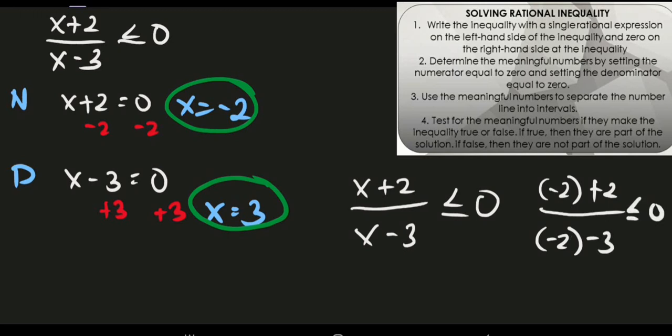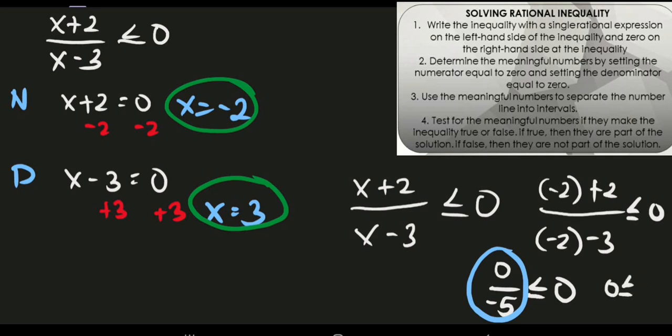Negative 2 plus 2 is equal to 0, so 0 over negative 2 minus 3, that is negative 5, and that is less than or equal to 0. According to the rule of fractions, if our numerator is equal to 0, automatically the expression is equal to 0. So that means we have 0 is less than or equal to 0, which is automatically true. So the meaningful number from the numerator is part of our solution.